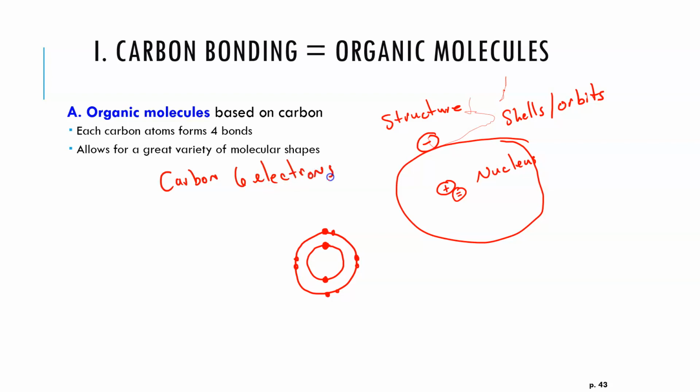With those 6 electrons, the very first shell can take 2 electrons, and I'm just showing you the electrons by putting in these dots. Obviously, if that first shell can only take 2, then 6 minus 2 gives me 4. How many electrons can I put into the second orbital? I can now place 4 electrons here.